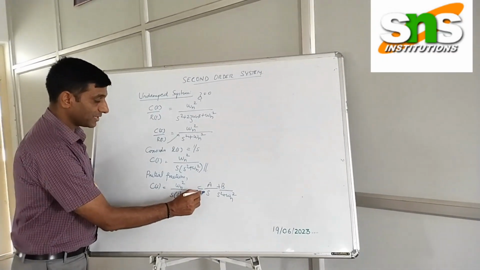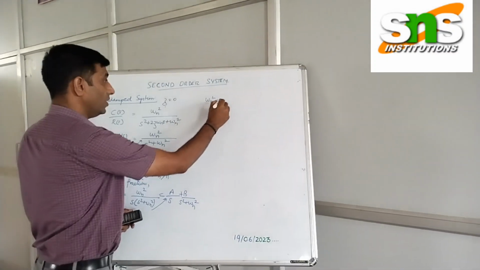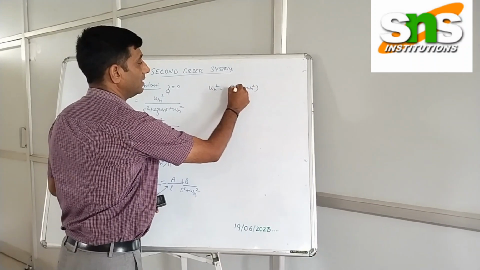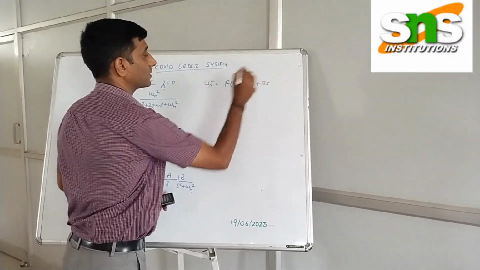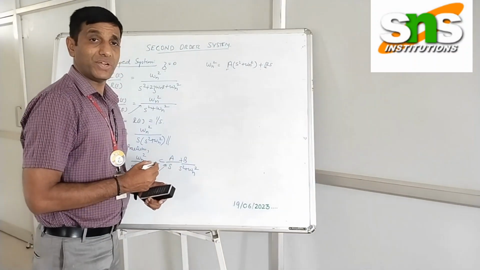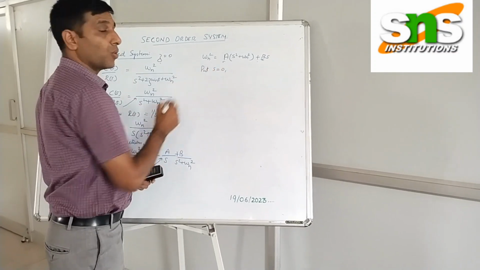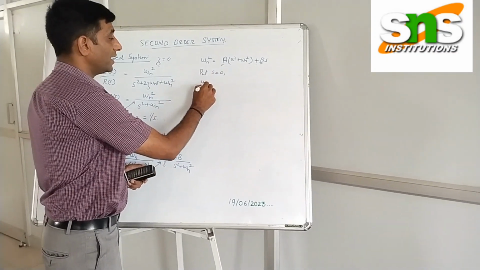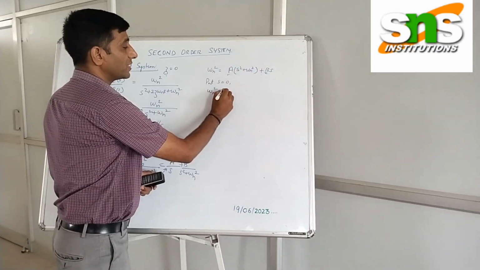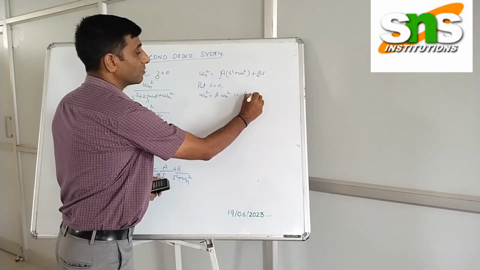Cross multiplying, we get omega n squared is equal to a into s squared plus omega n squared plus b into s. Here a and b are the coefficients. To find them, first put s equal to 0. The s squared term becomes 0, so omega n squared is equal to a into omega n squared, which implies a is equal to 1.